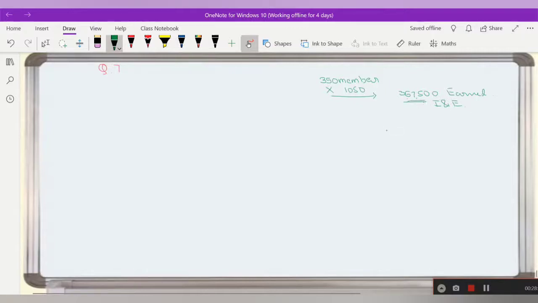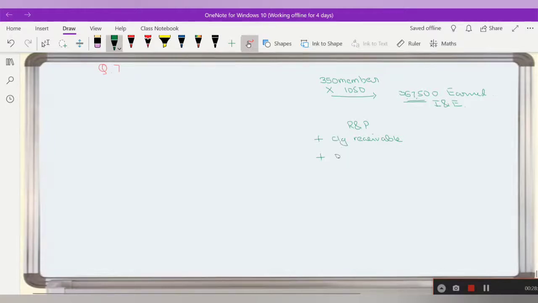Already we know this amount. So as per my formula, income as per receipts and payment account plus what? Not opening receivable, it will be closing receivable, right? Means current year.